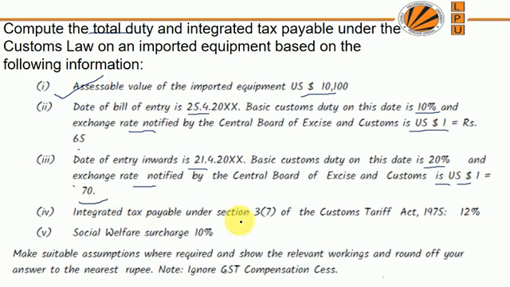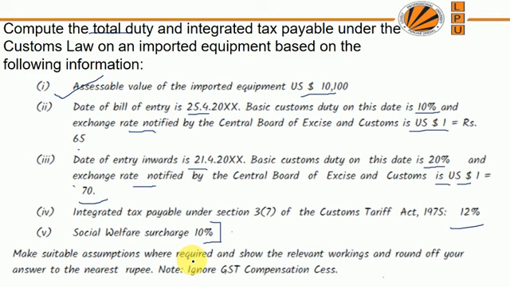Integrated tax payable under section 3 subsection 7, always remember, of Custom Tariff Act 1975 is given as 12%, social welfare surcharge 10%. Even if this is not given in the question, by default we are going to calculate social welfare surcharge, which replaced education cess and secondary and higher education cess under Custom Act. Make suitable assumptions where required and show the relevant working.